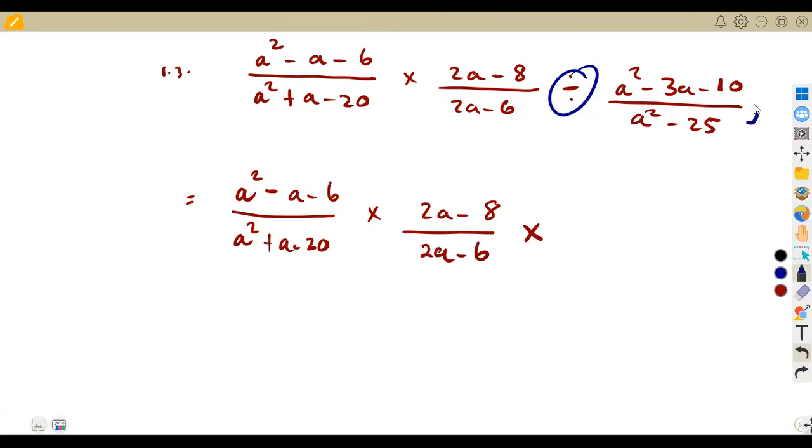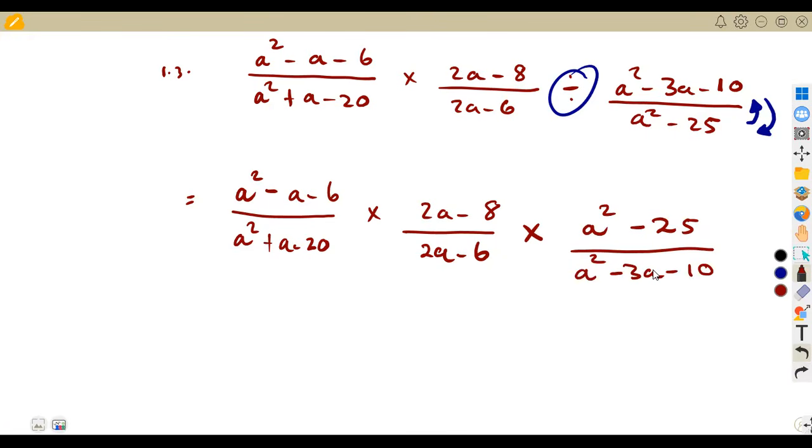Remember, you interchange the fraction that follows after the sign, after the division, because this is the one that is following. So it is the one that you interchange. Meaning to say we're going to have a squared minus 25 on top, everything over the denominator, which is a squared minus 3a minus 10, like this.